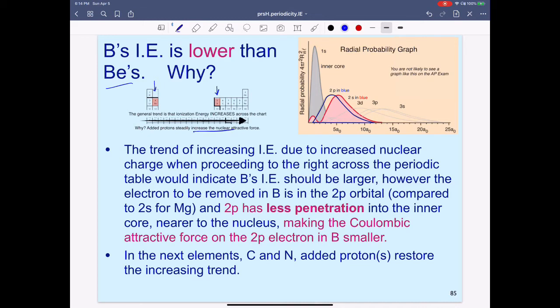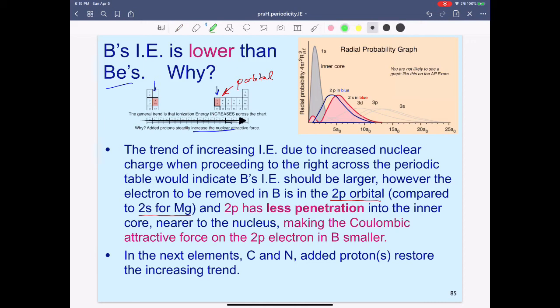This one requires that we have a phrase ready to tell your AP readers about: that the electron being removed in boron is in the p orbital. You should be able to tell that by looking at the periodic table and seeing boron's last electron is in the 2p orbital, whereas for beryllium both of the valence electrons are in the 2s.